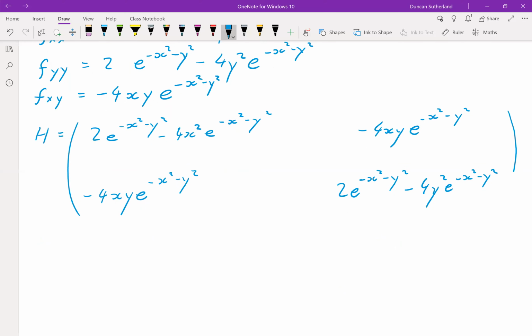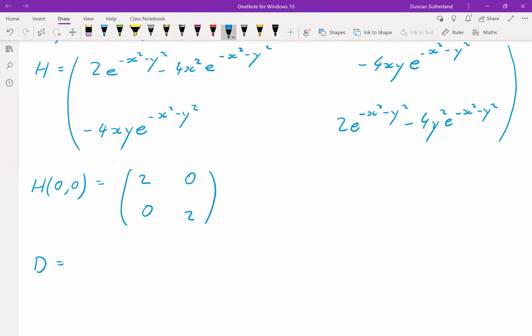We've got to evaluate this at our critical point. That's the origin. And when we evaluate this thing at the origin, well, it gets pretty simple. Now we have to take the trace and determinant of this thing. Again, it's trivial.